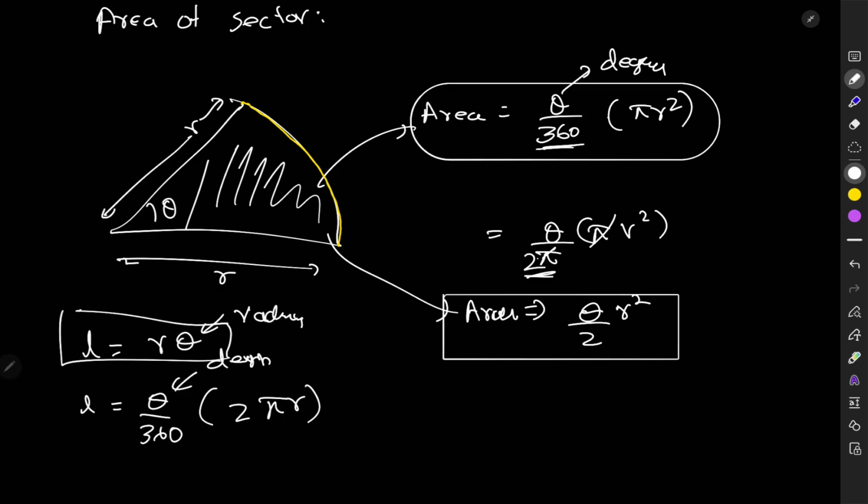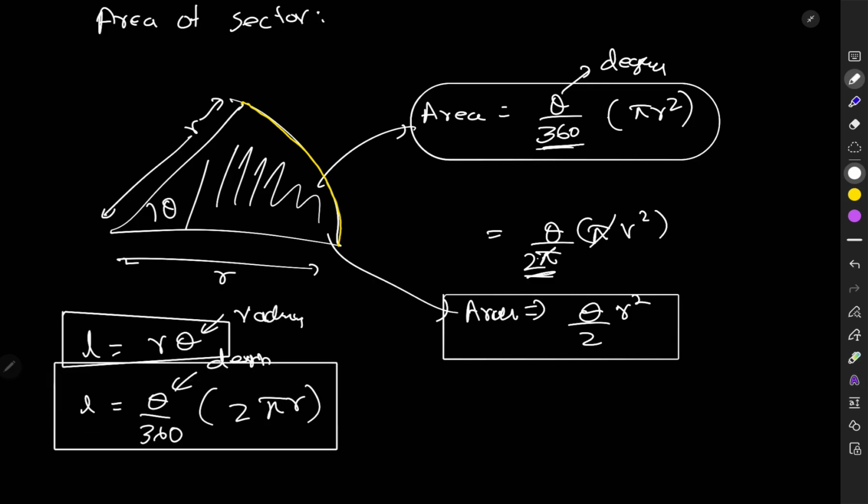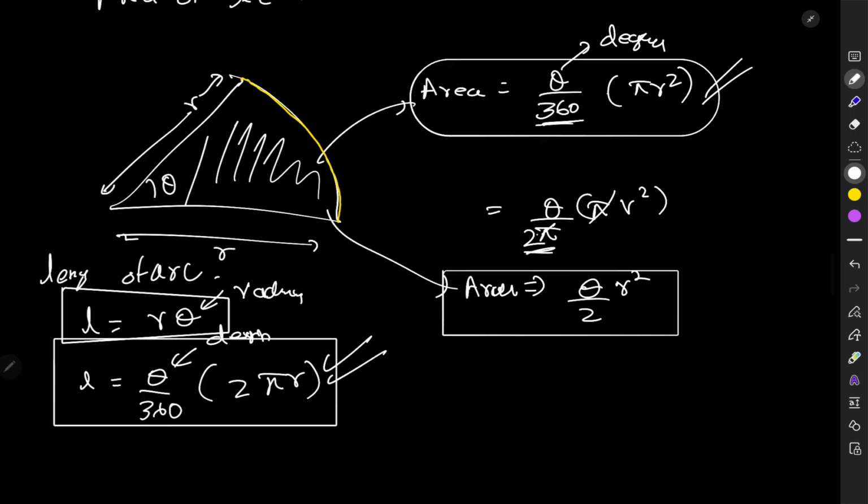Just remember one formula, you can actually interconvert it in an easier way. So just remember this formula for the length of arc. Fine. Next we will learn a concept called sign convention.